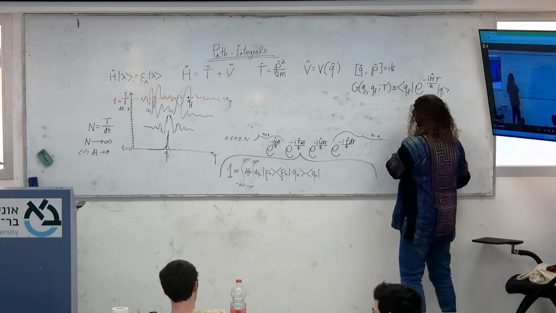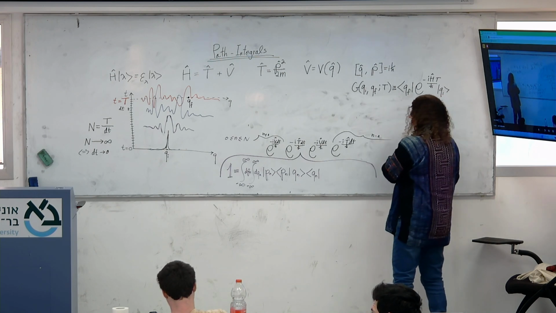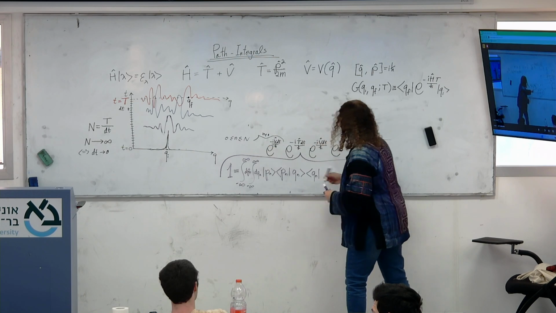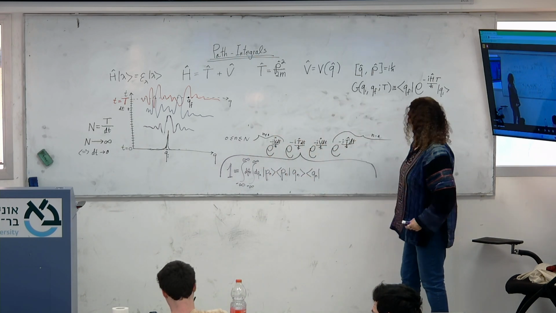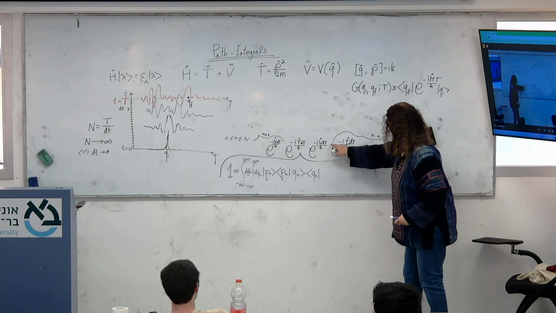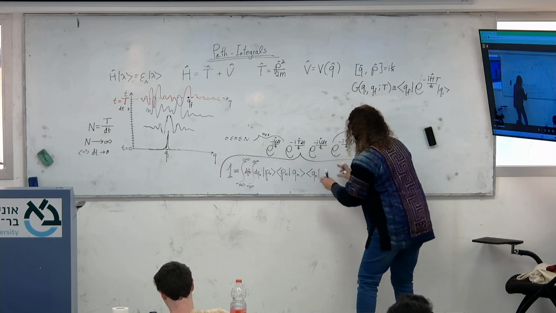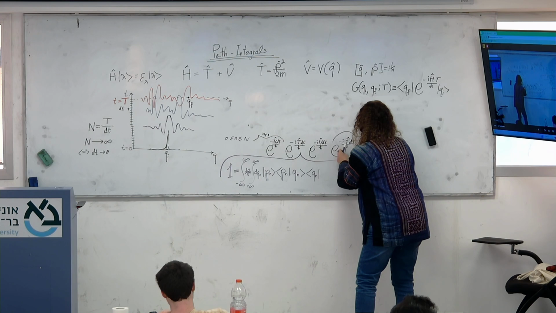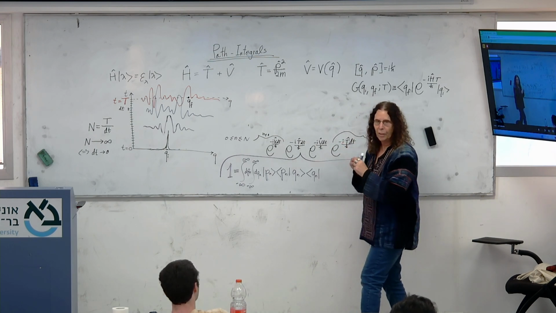If I'm starting from the right, so little n changes from 0 to capital N, okay? Now, here, between this exponent and this guy, I can introduce another resolution of identity.